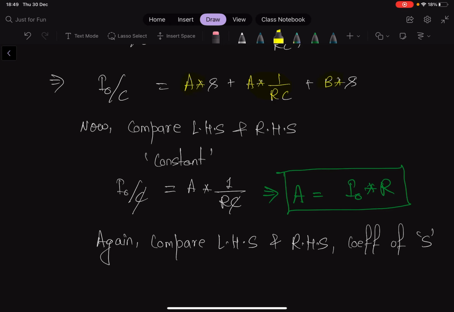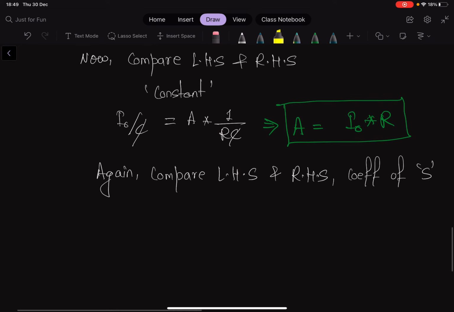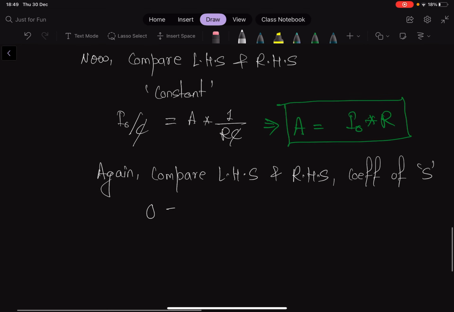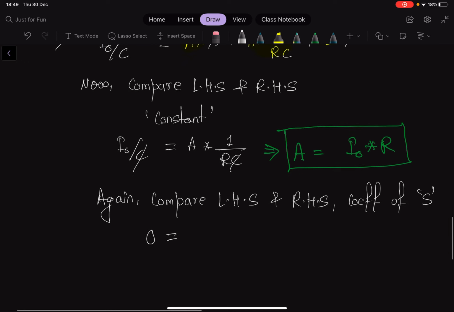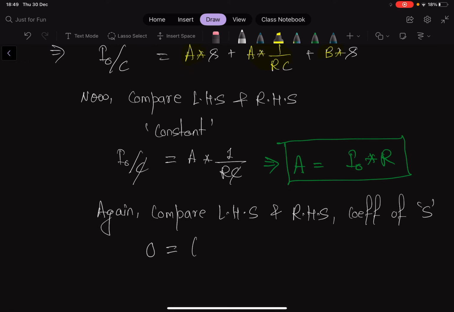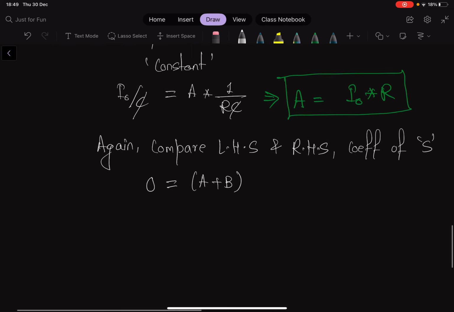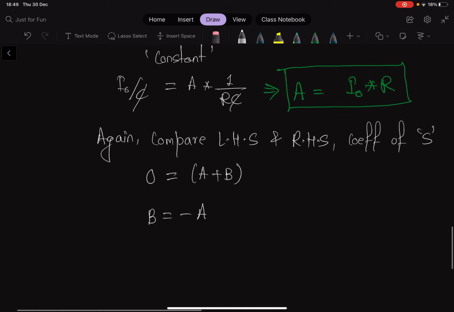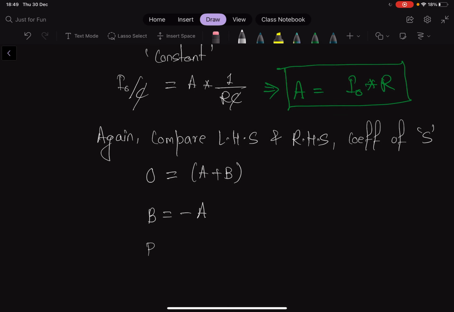The left hand side has nothing, so it is 0, and the right hand side has A plus B. That means B is minus A. We already have the A value, so B is going to be I naught times R with a negative sign. So that is my B.